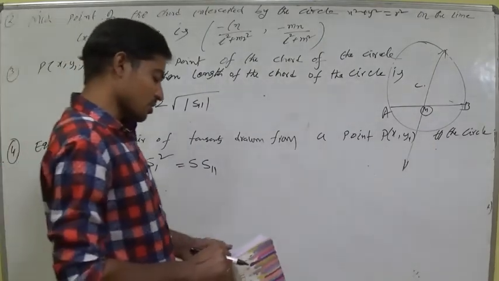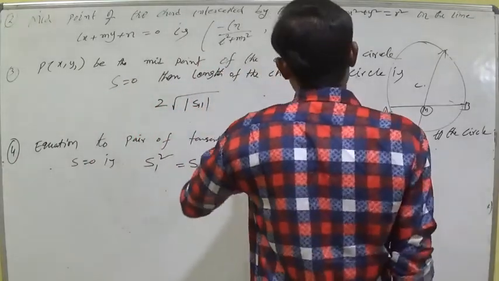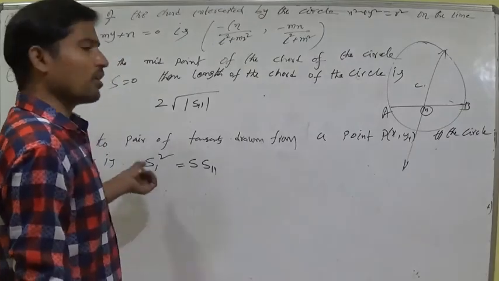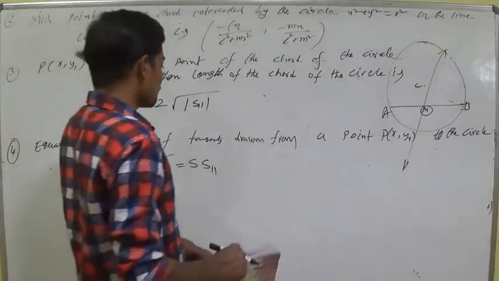The equation of the pair of tangents drawn from a point to the circle S equal to 0 is S1 square equal to S into S11.